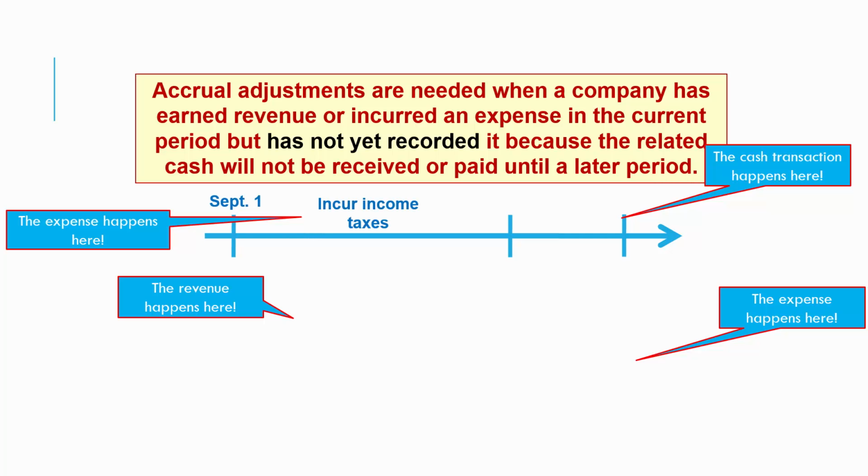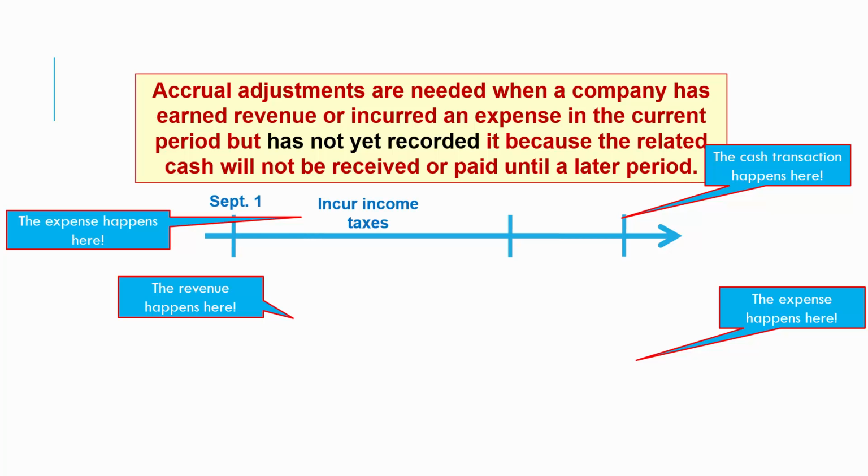In the first one, we can all relate to this. It's income taxes. Now, you know that income taxes are related to net income. So, if net income happens over this time period from September 1st to September 30th, then it's proper for us to, at the end of September 30th, show income taxes. But we may not pay our income taxes until a later time period.